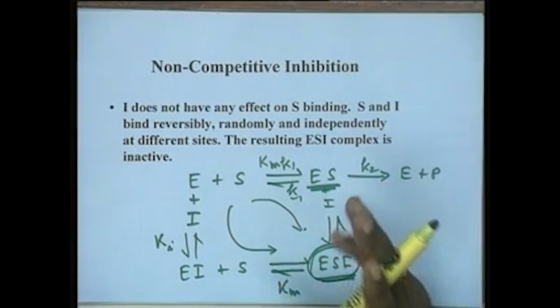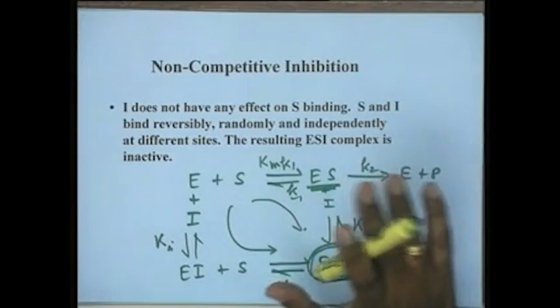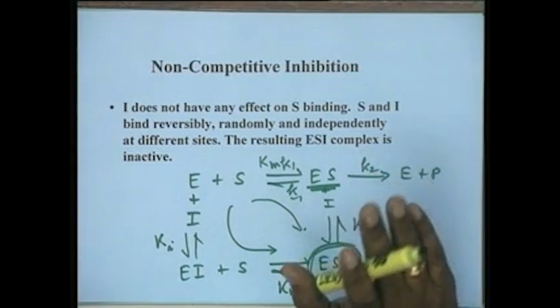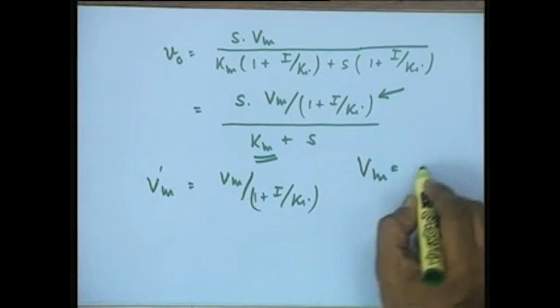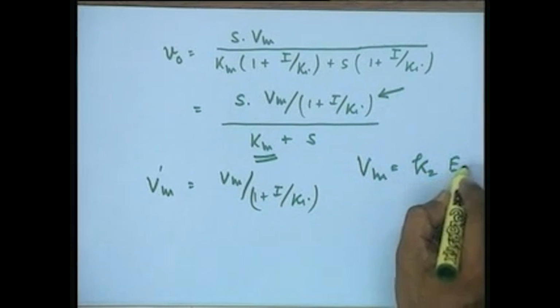Therefore the maximum reaction velocity, which is a function of enzyme concentration, is affected because this fraction is reduced. But mind you, it does not influence the k2 value, the turnover number, because as we know, Vm essentially is k2 into E0.